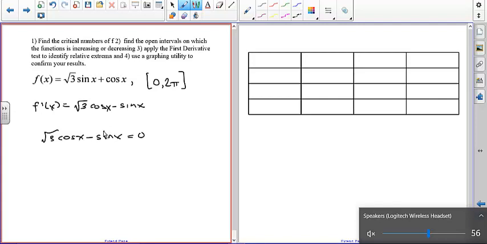So thinking back to your pre-calculus days, how do you think we might solve for the values of x where that is true? Up to this point, we've had sines or cosines and we've factored it, but in this case we haven't. And you have to be able to get it in terms of one trig function.